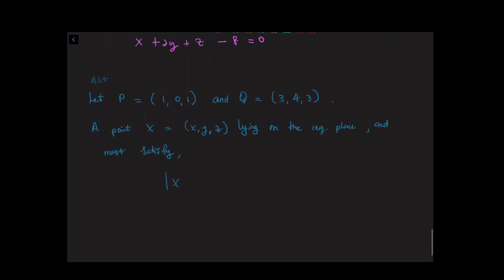That is, the distance from X to P is equal to the distance from X to Q. And this only works because we were given that they are equidistant.